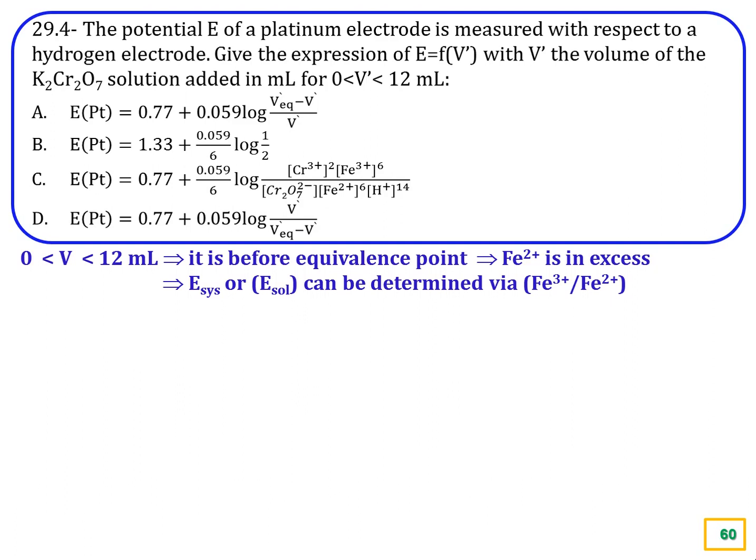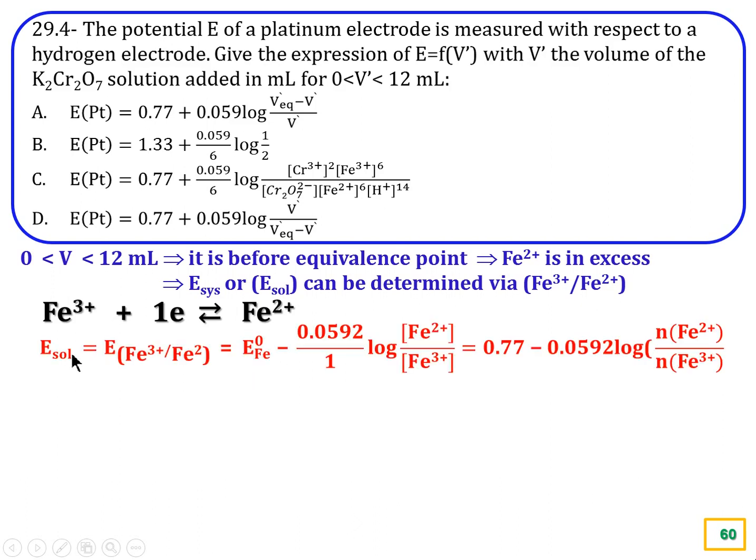Since the volume added is before equivalence, it's easier to use the couple present in the beaker, so we will work on the couple Fe3+/Fe2+. Fe3+ plus 1 electron gives Fe2+, so E of the solution equals E0 minus 0.0592 divided by 1 times log of the concentration of Fe2+ divided by Fe3+, and since the volume is the same, it equals the log of the ratio of numbers of moles.